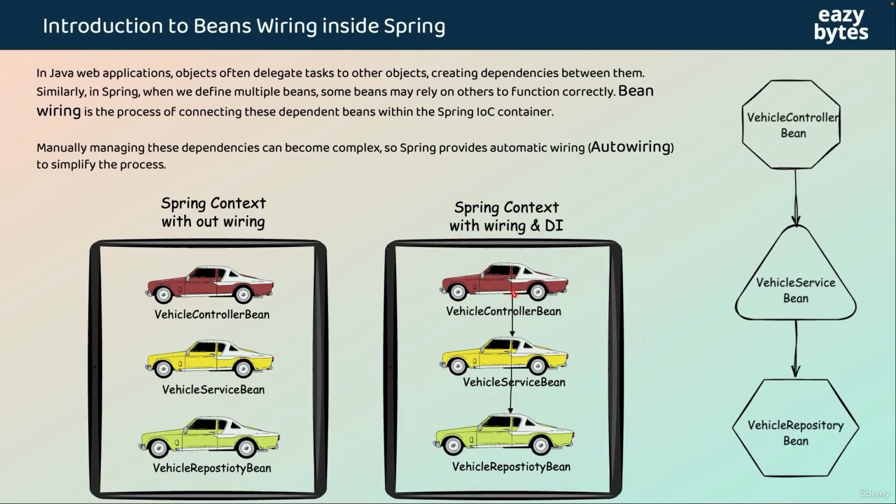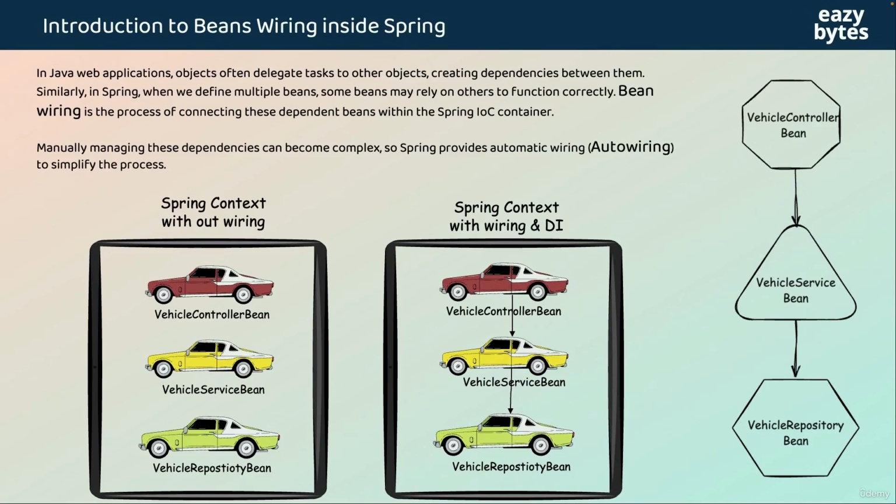The controller bean is going to be dependent on the service bean, and the service bean is going to be dependent on the repository bean. The process of connecting these dependent beans within the Spring IOC container is called bean wiring. We are trying to wire all the dependent beans. That's why this name came, bean wiring. The wiring can be done manually by the developers, or they can also give this responsibility of wiring to the Spring Framework.